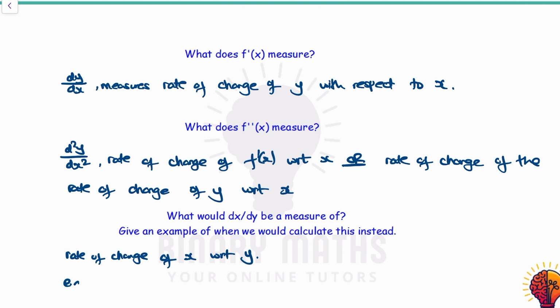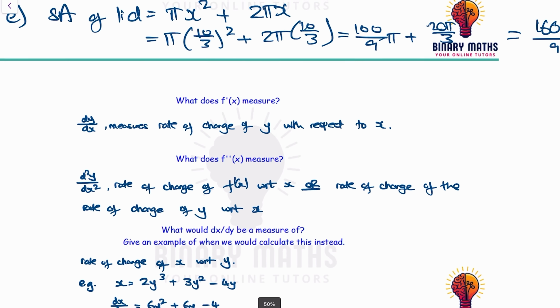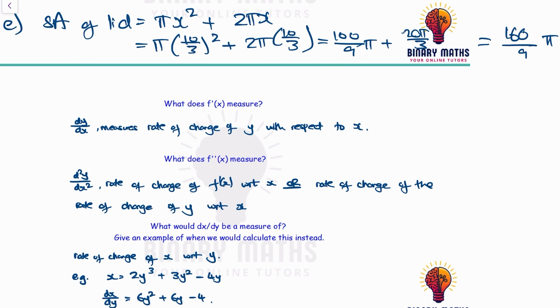So e.g., if we have x is equal to 2y cubed plus 3y squared minus 4y, then dx dy, the rate of change of x with respect to y, will be 6y squared plus 6y minus 4. So it's really important to remember what each of these things defines.